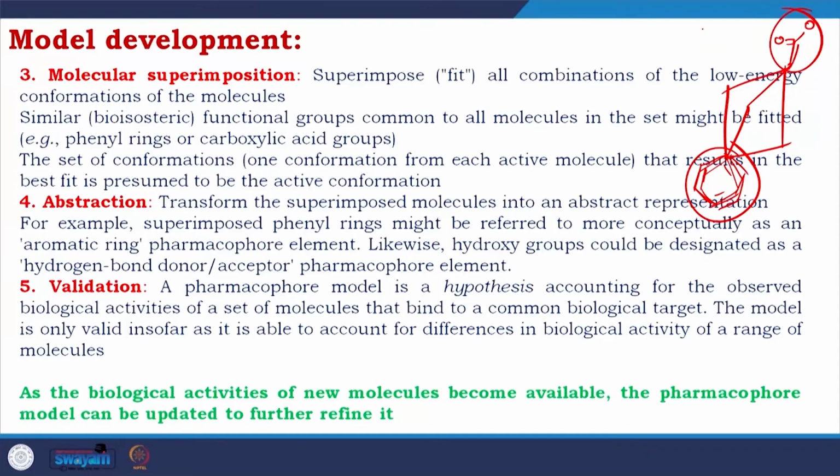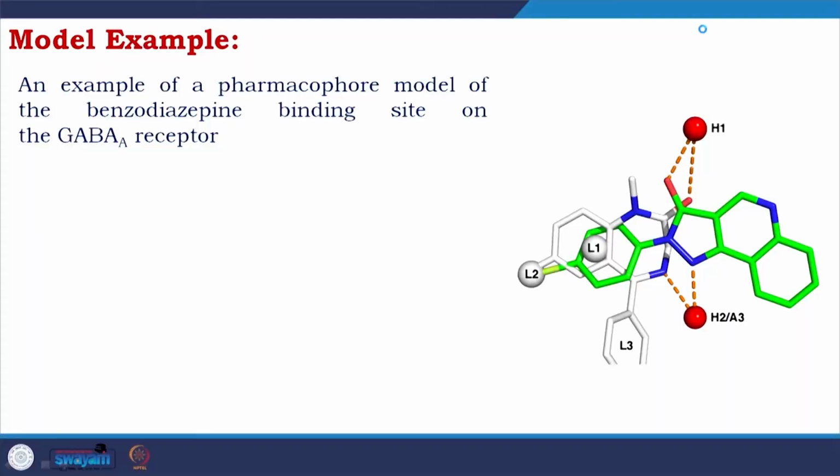As the biological activities of new molecules become available, the pharmacophore model can be updated to further refine it. More and more biological activity data correlating to small molecules should be available, and an updated, better model could be obtained.